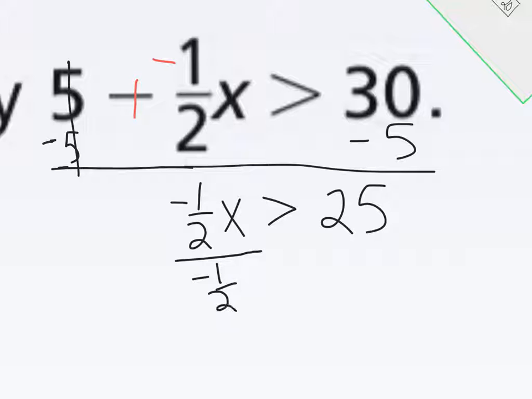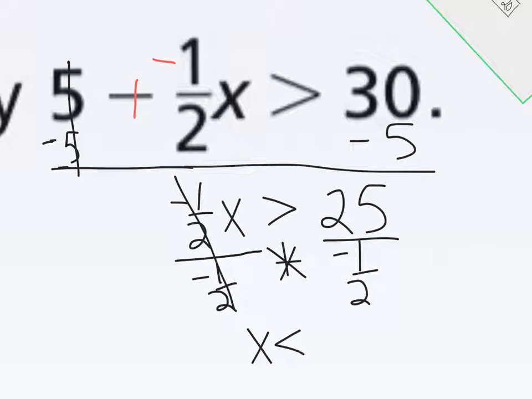So we could divide by negative 1/2. And again, dividing by a negative is going to switch our sign around. It's going to change from greater than to less than. So then our answer would be x is less than negative 50.